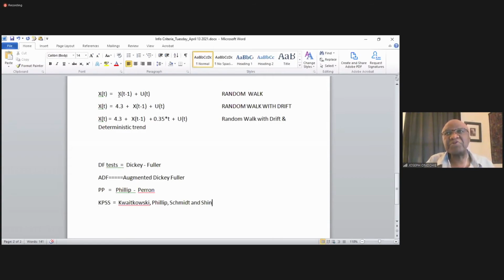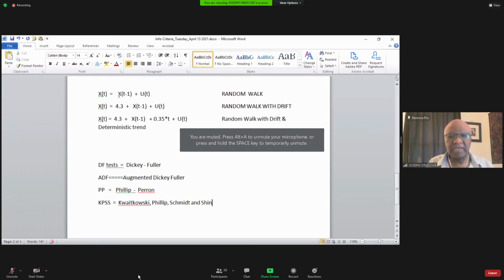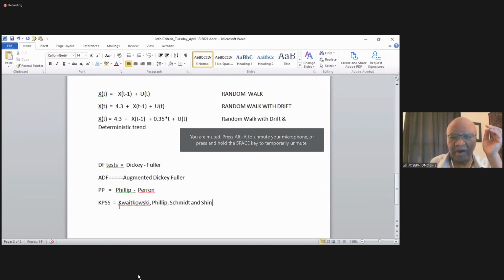When we're testing for unit root, we're testing for random walk, okay? All right, so we can test for either straight random walk or random walk with drift or random walk with drift and deterministic trend. So all these 4 tests, we'll be talking about them in R, okay?